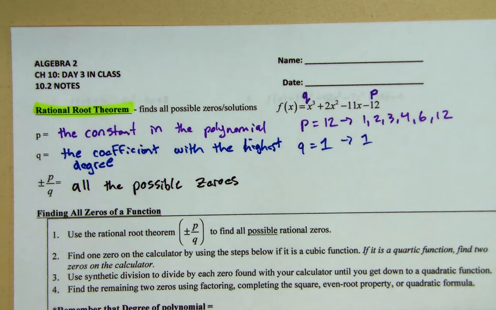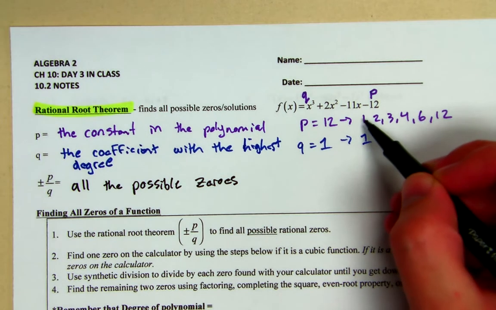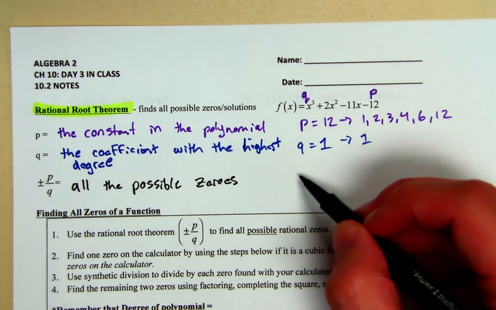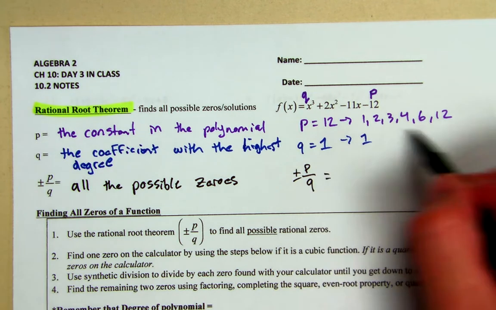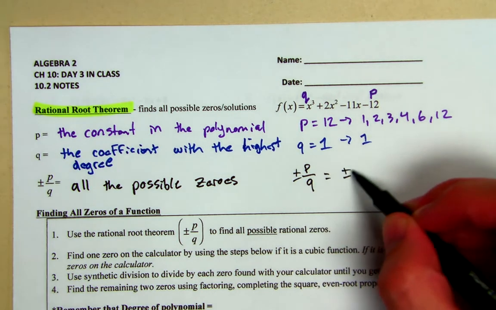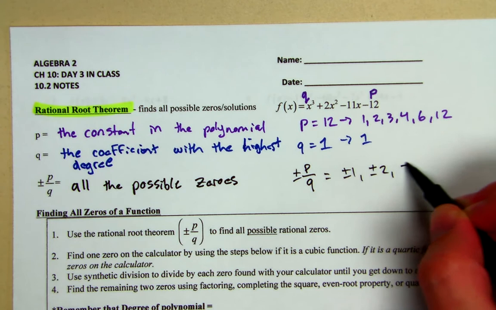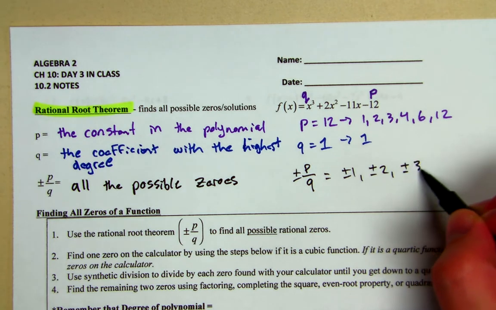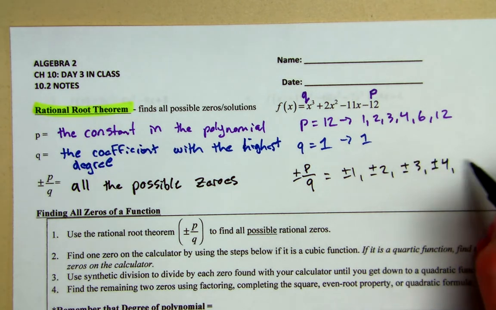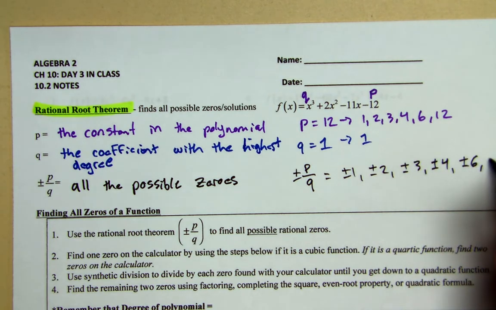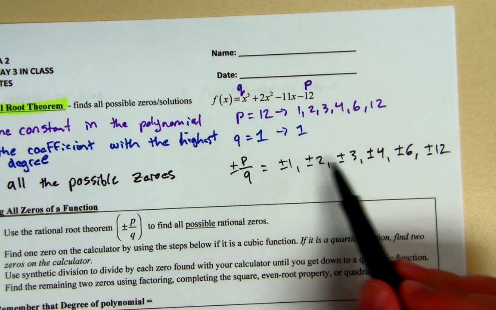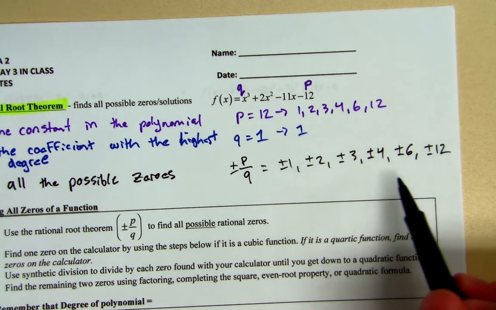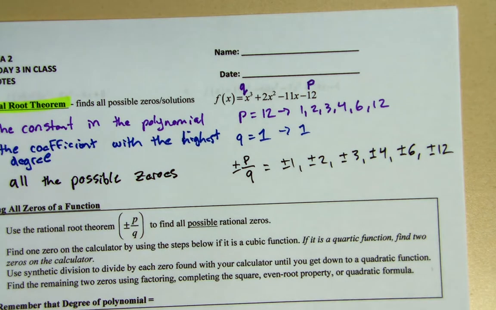So now we have to divide each P by every Q. In this case, plus or minus P over Q is just the list of the P's. Plus or minus 1, plus or minus 2, plus or minus 3, plus or minus 4, plus or minus 6, and plus or minus 12. So you can notice that this list is a lot. It's 1, 2, 3, 4, 5, 6, and the negatives. So that's 12 possible solutions.